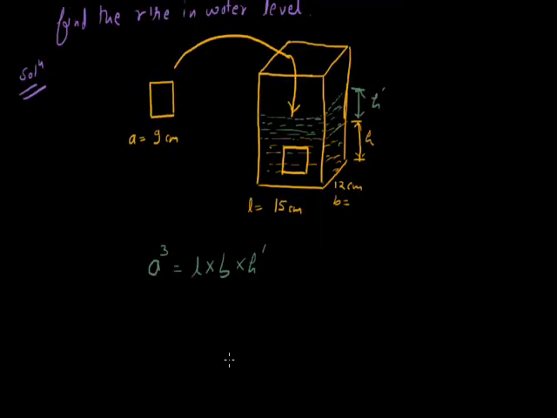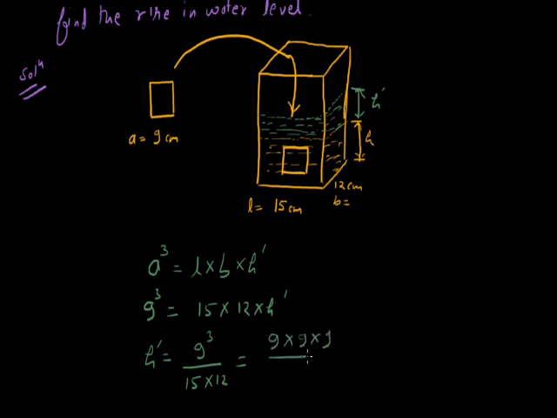So now we put the values. The volume of the cube, that is 9 cubed, should be equal to 15 into 12 into h dash. So h dash is equal to 9 cubed divided by 15 into 12. So 9 cubed is 9 into 9 into 9, over 15 into 12.